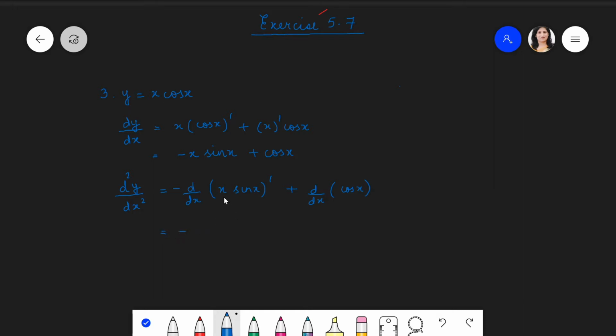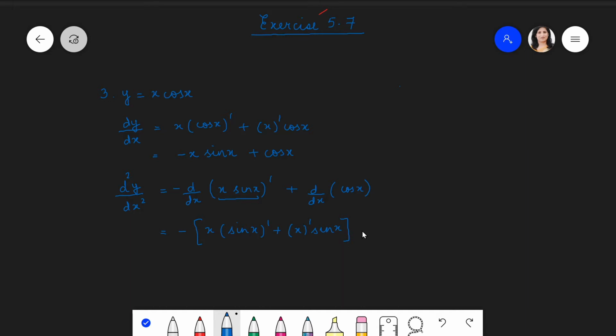Here again we are going to use the product rule: x into derivative of sin x plus derivative of x into sin x.